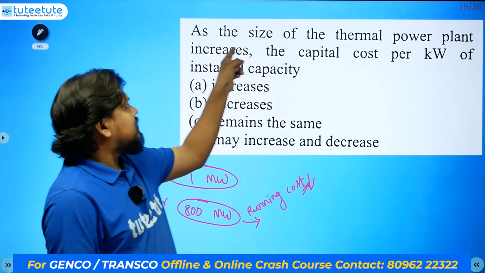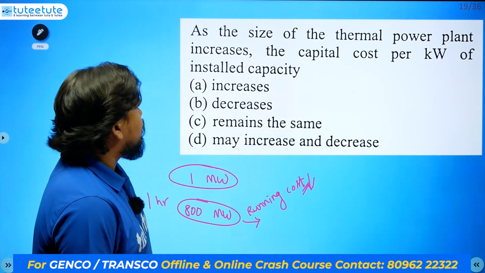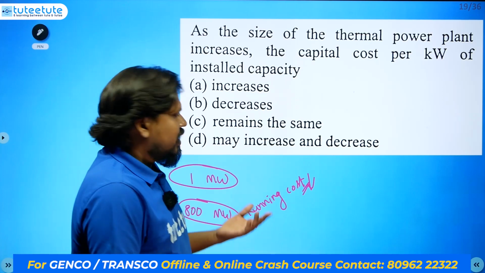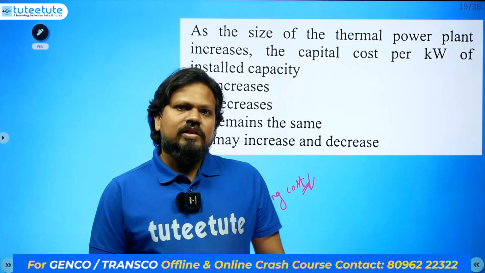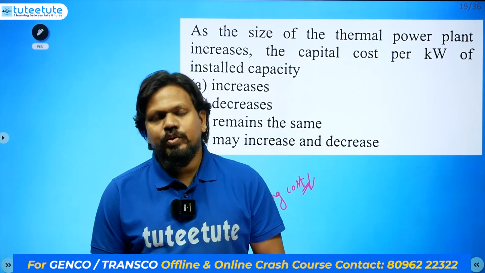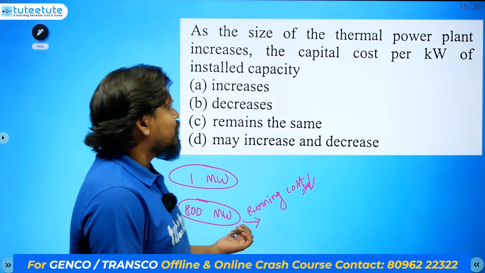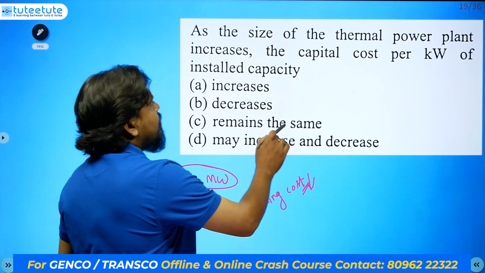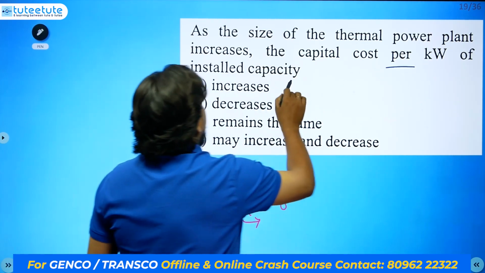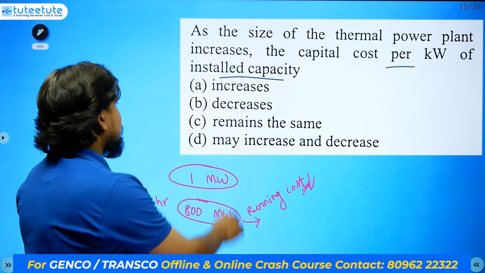Size of the power plant means installed capacity only we have to consider. If the plant size is more, the generation capacity must be higher, and the running cost will be decreased. Then the capital cost per kilowatt of installed capacity will be decreased.